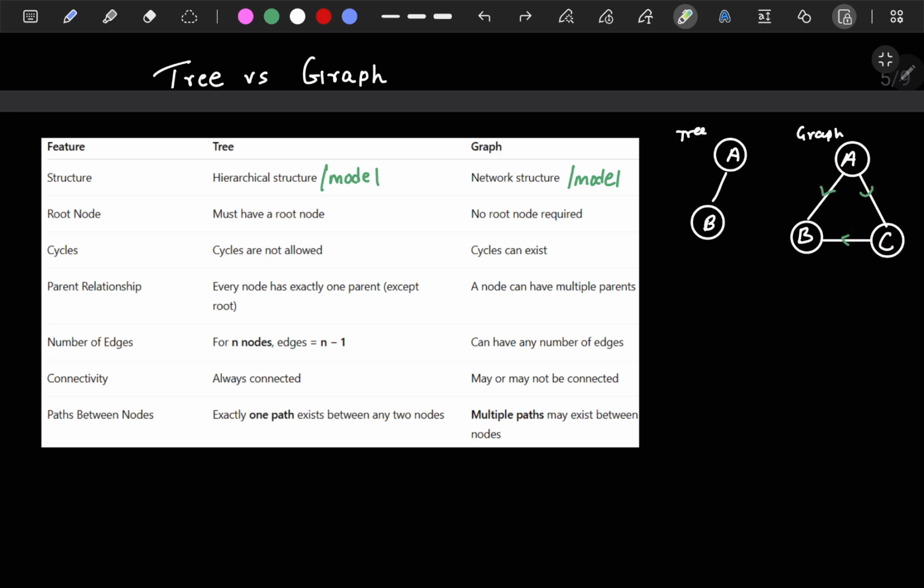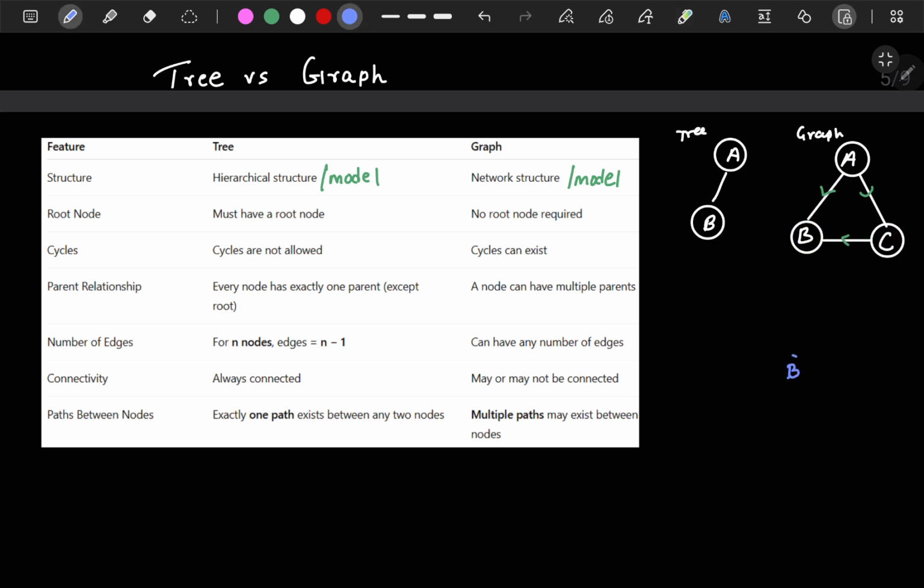So after this, you can clearly see one thing, that A is related to B. Observe this B part. A is related to B and C is also related to B. So you can see that B has two parents, A and C. If I frame it in a hierarchical structure, you will understand.